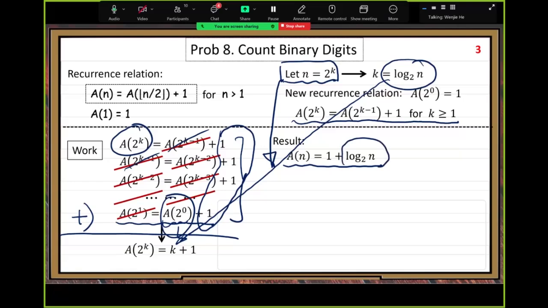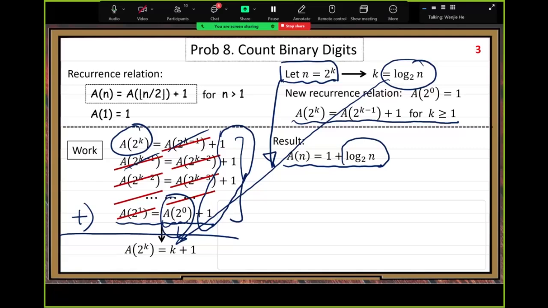Log base 2 of n won't be an integer. If you plug that integer n into this log function, it won't be an integer. That's not right, because the number of bits must be an integer, but this function does not return an integer for you.